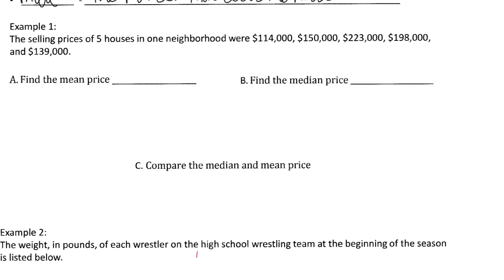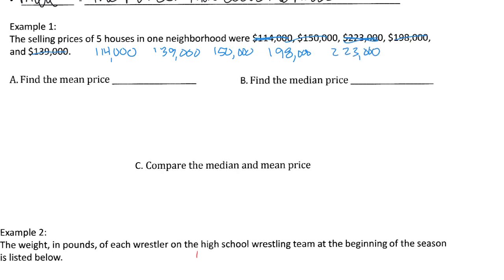So in order to find the mean and the median, we have to put them in order. So I'm going to reorder all of these house prices, starting with the lowest of 114. I cross them out as I order them. And then it goes 139, 150, 198, and then 223.